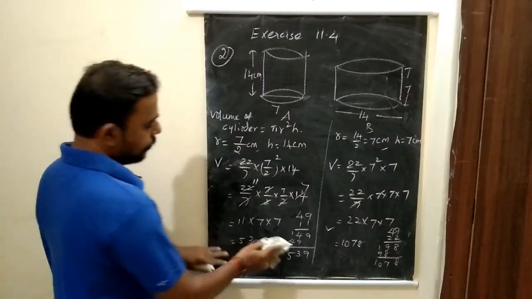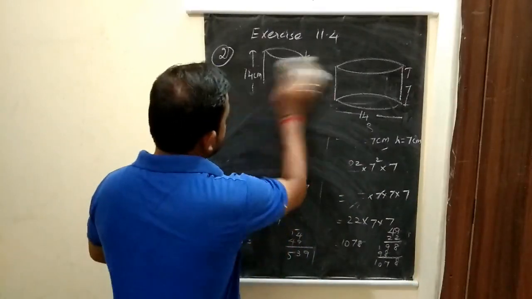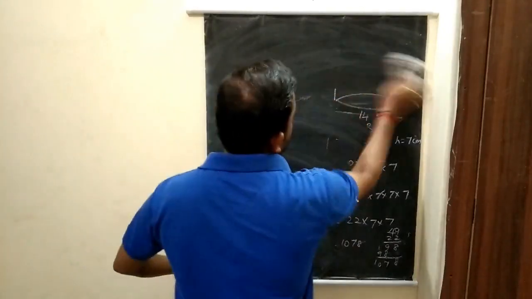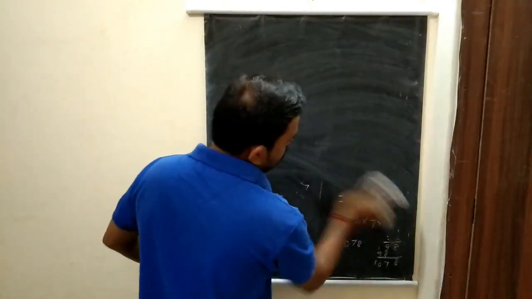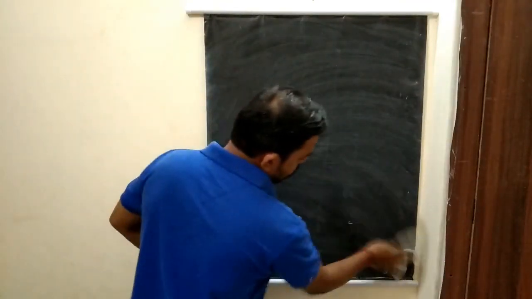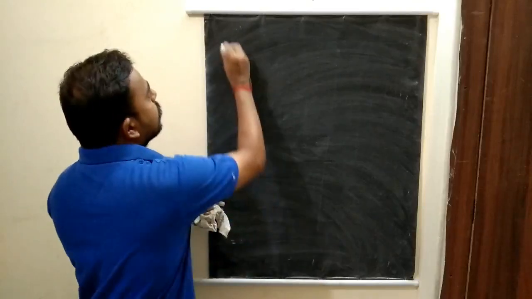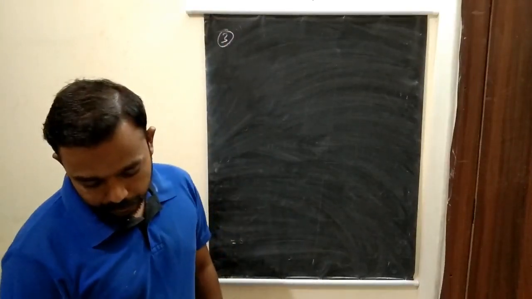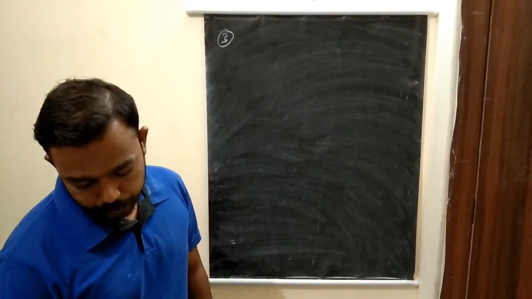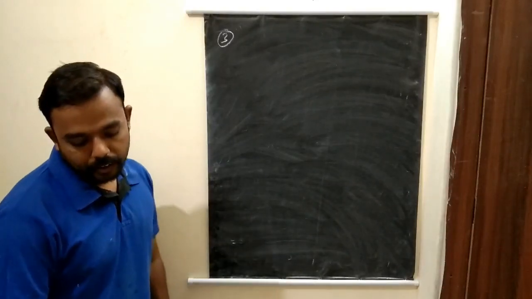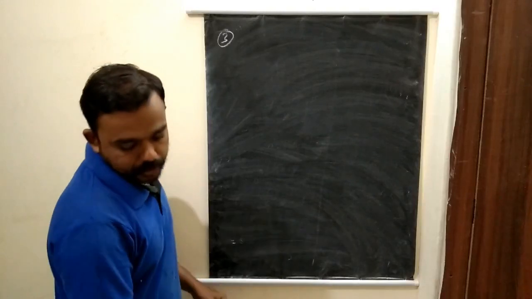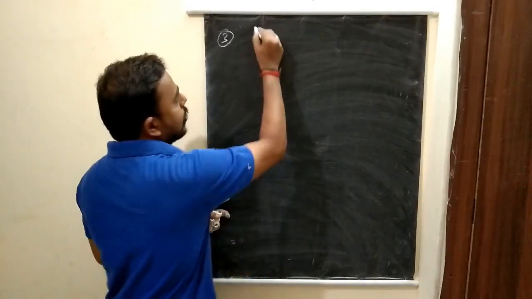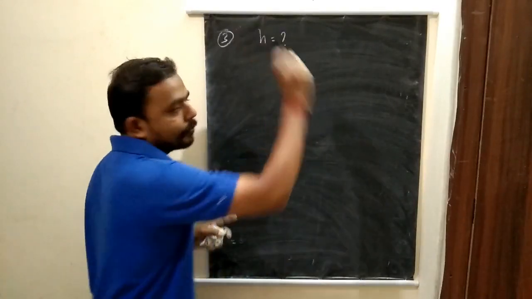Next question. Third problem. Find the height of the cuboid whose base area is 180 cm squared and the volume is 900 cm cubed. Find the height. Height we need to find.